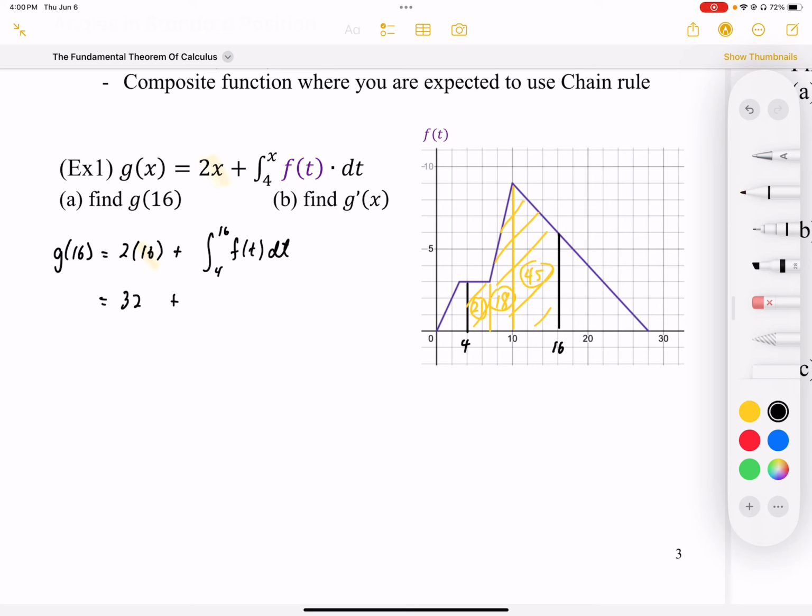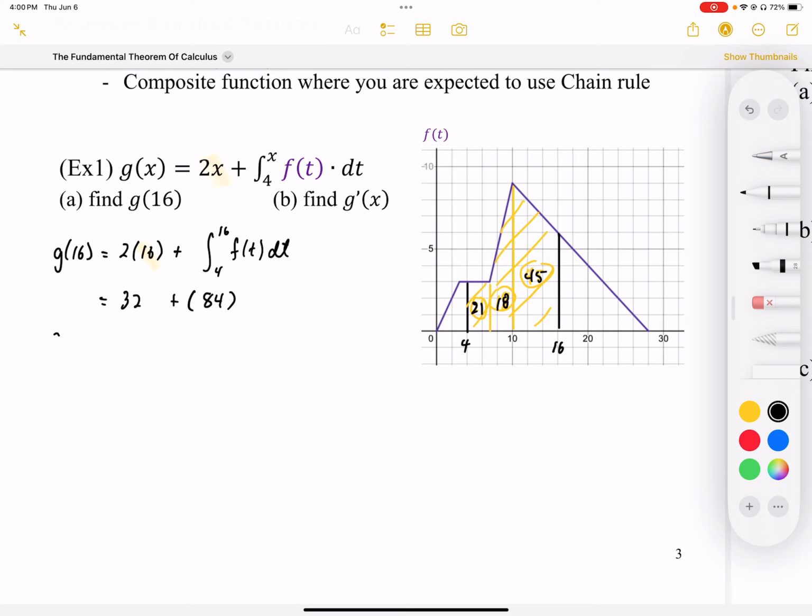Okay, so I have those parts there. I'm going to write those in a little bit darker. Those areas make up that area under the f from 4 to 16. So if I add that up, 21 plus 18 plus 45 gives me 84.